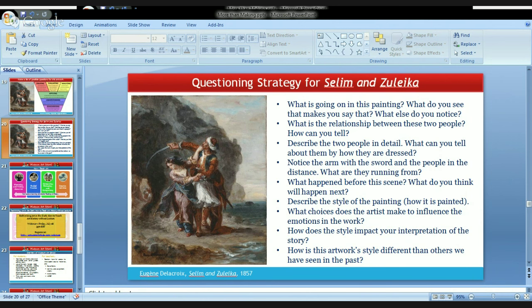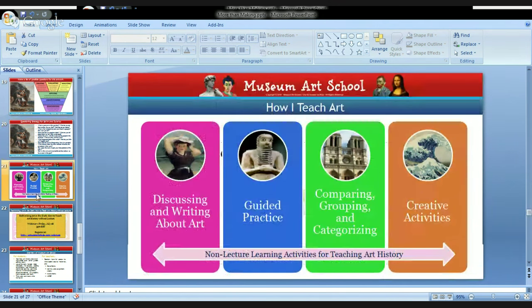And on Friday, in the webinar I'm doing, I'm going to do a lot more activities. That's kind of a second part to this one. There are lots of activities you can do with art: discussing and writing about it, guided practice activities, comparing, grouping, and categorizing activities, and creative activities.